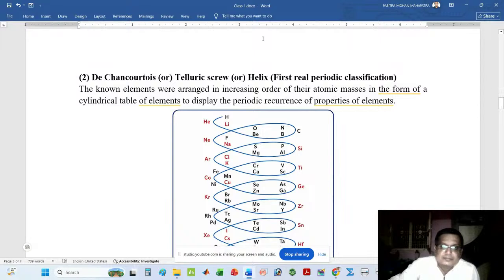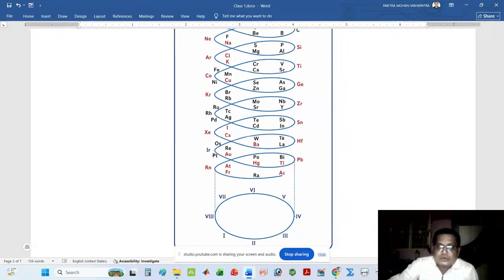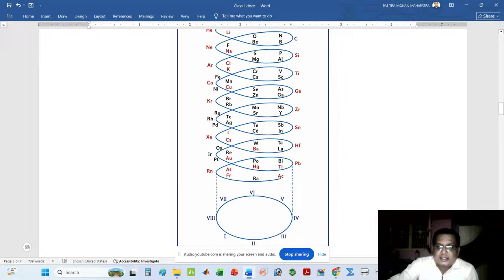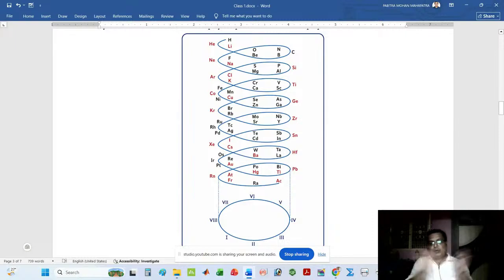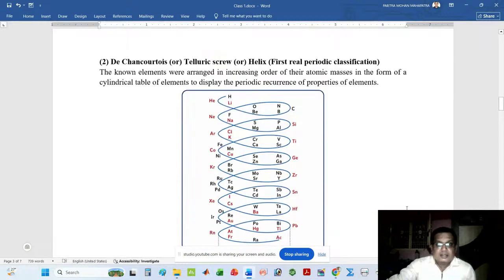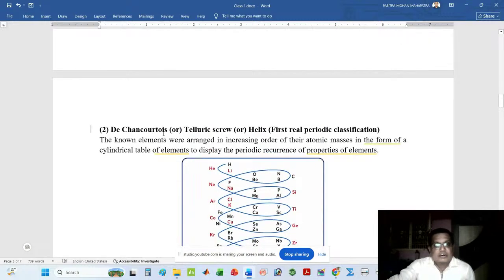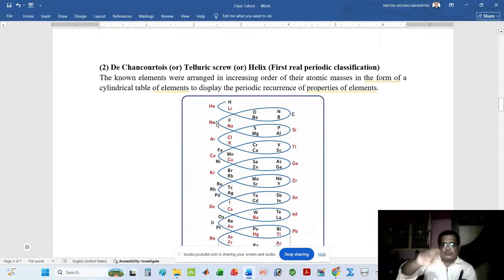Let me explain another periodic classification of elements. Look at that. What does this look like? This looks like a spiral, and if you see, it looks like a cylinder, one type of cylindrical structure. This is called Chancourtois' or Telluric screw. It is also called Telluric screw because it looks like a screw.